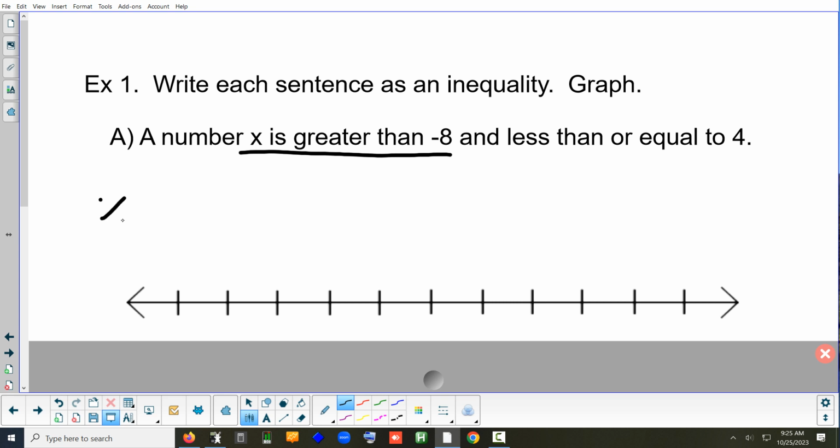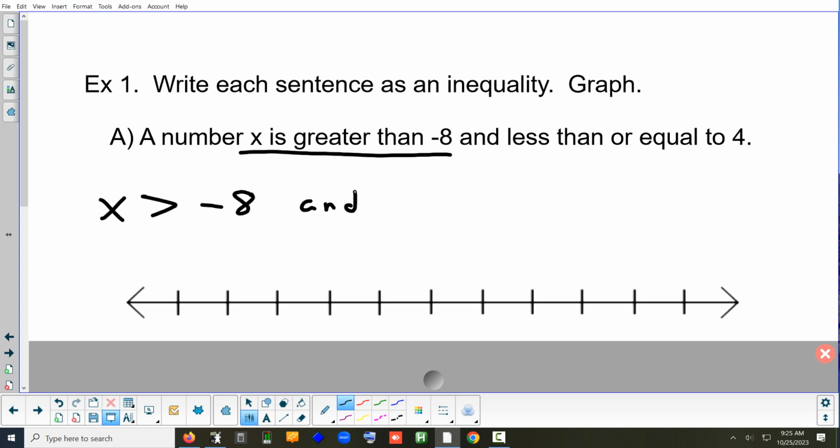So I need an x. I need a -8. And it says x is greater. So what way does the greater than point? To the right. Okay, there's your first one. X is greater than -8. And less than or equal to 4. Now, I'm not saying x twice here, right? If you want to say it twice, you could say x is greater than -8 and x is less than or equal to 4.